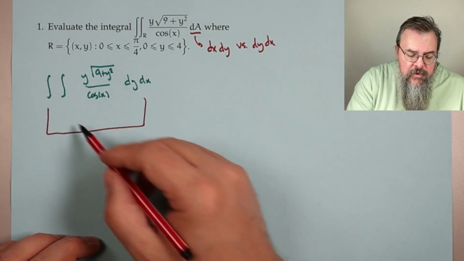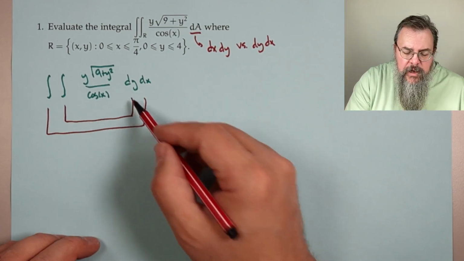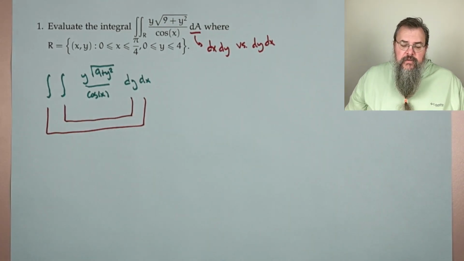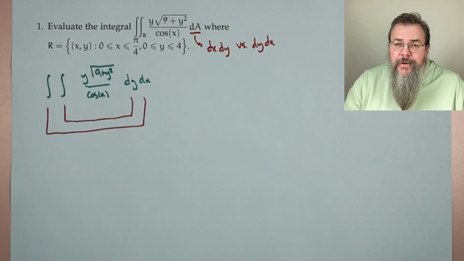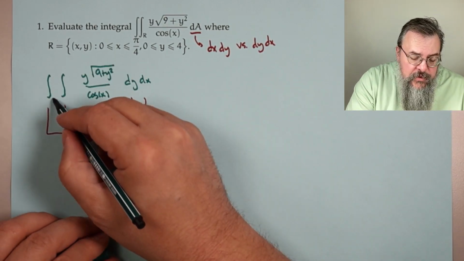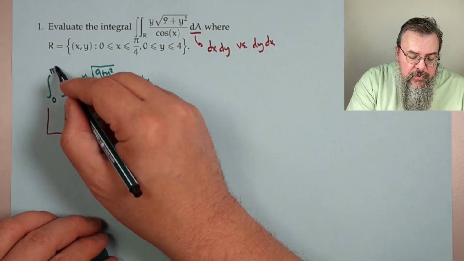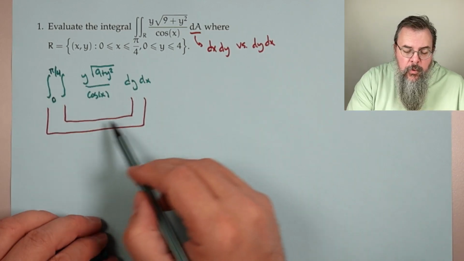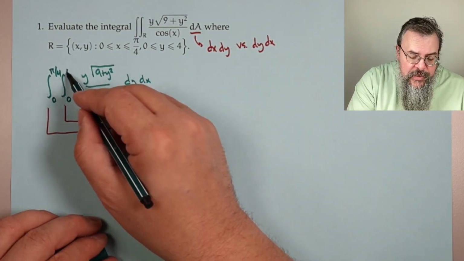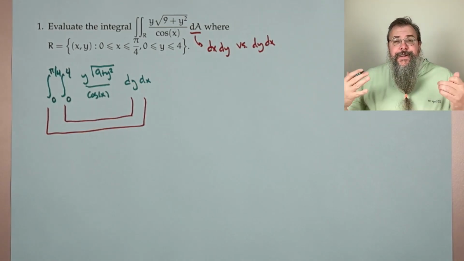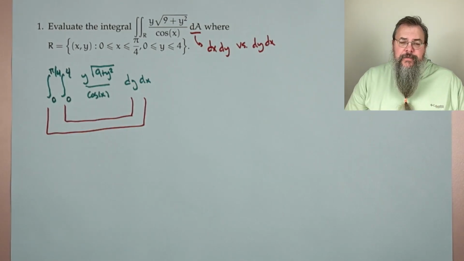So the dx pairs with the outside bounds, dy with the inside bounds. So we're told x goes 0 to pi over 4. So the first integral, 0 to pi over 4. Y goes 0 to 4. So 0 to 4. Good. Now we have our integral set up.